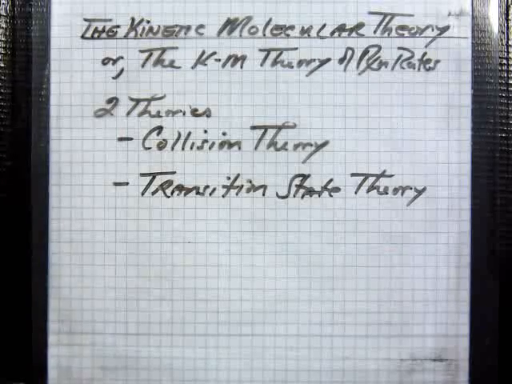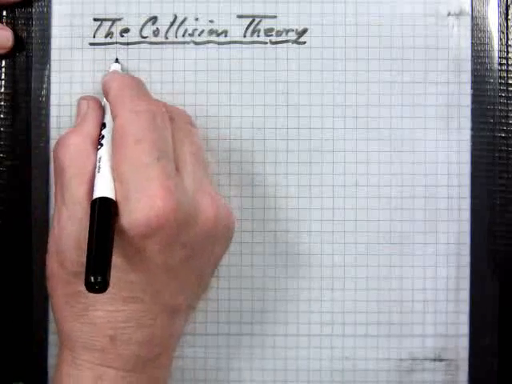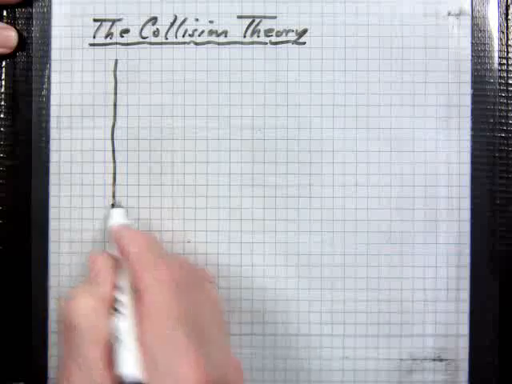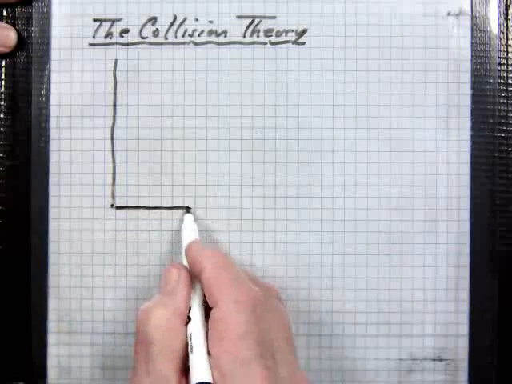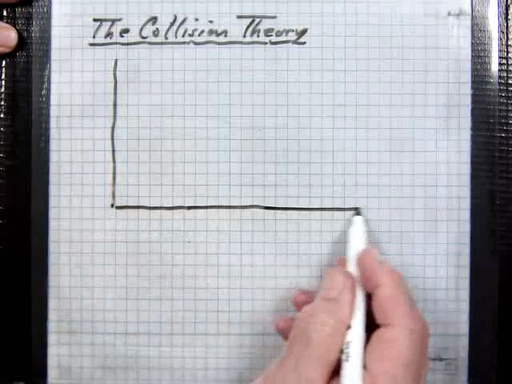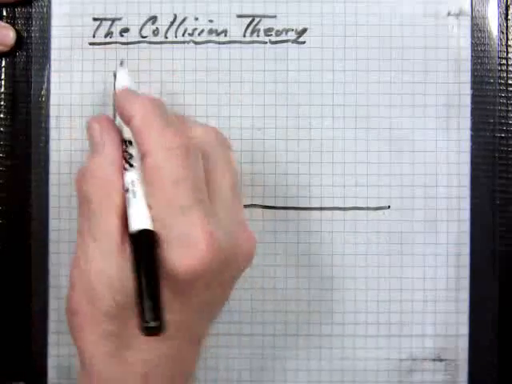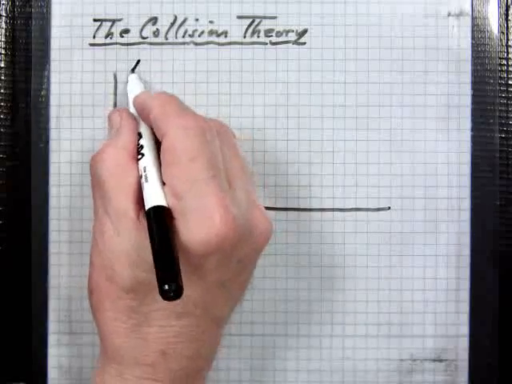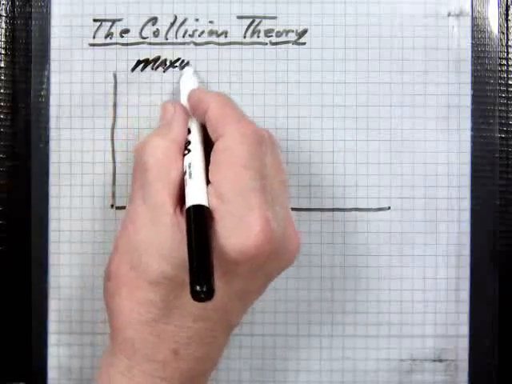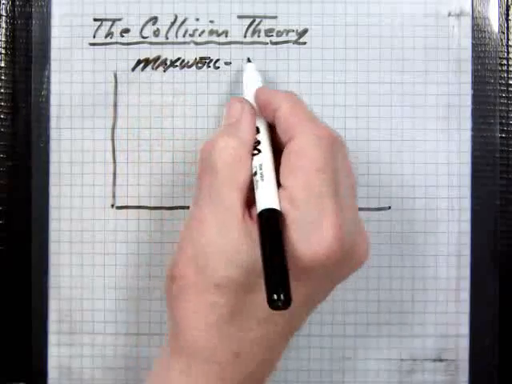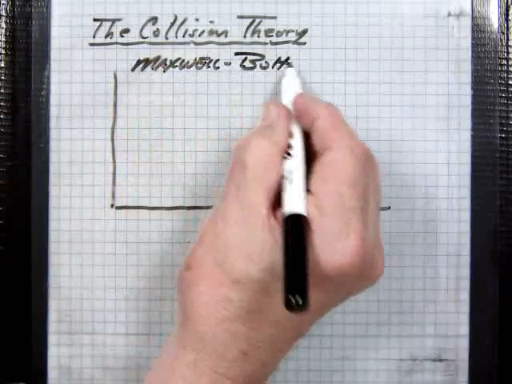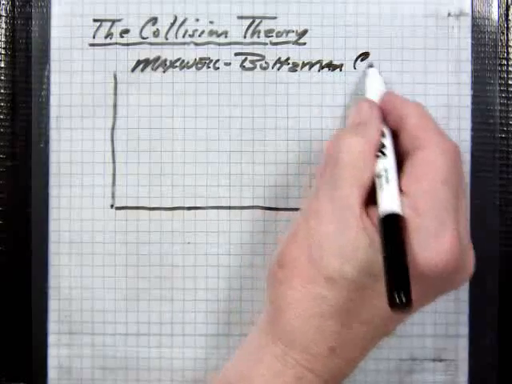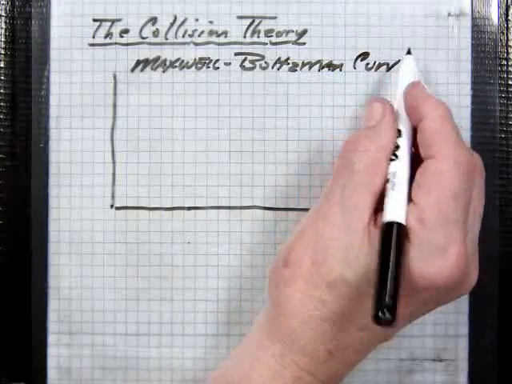So when we talk about the collision theory, we need to look at a probability distribution of particle energies or particle velocities. And this is called the Maxwell-Boltzmann distribution curve, or just the Maxwell-Boltzmann curve.